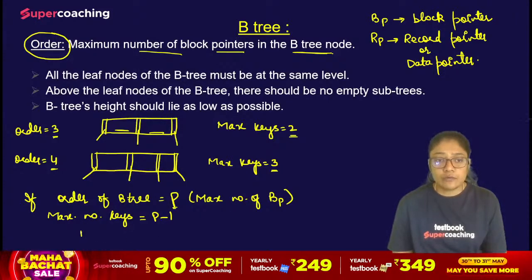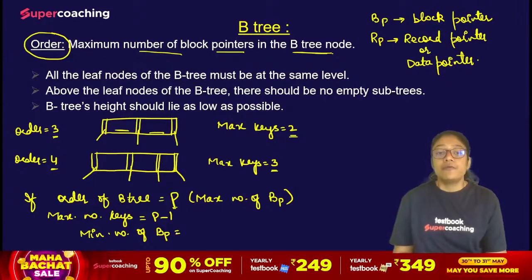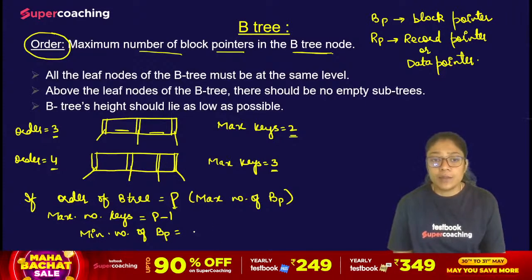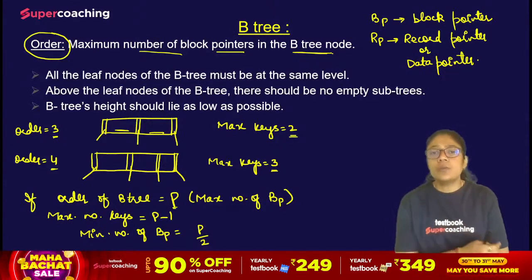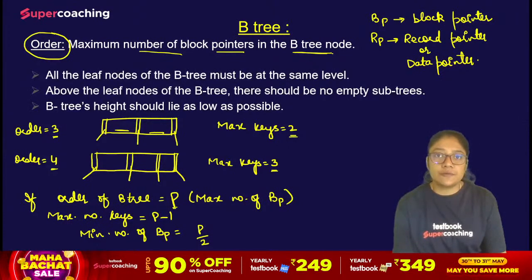So on the basis of this, minimum number of block pointers. Since it has to satisfy minimum 50% occupancy, that means it will be P by 2. Now the question arises, should I take here the floor value or the ceil value? Let us assume the order of a tree is 5, 50% occupancy means 2.5.